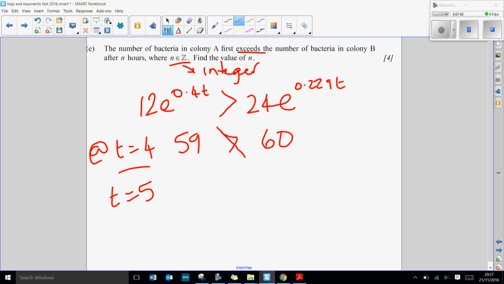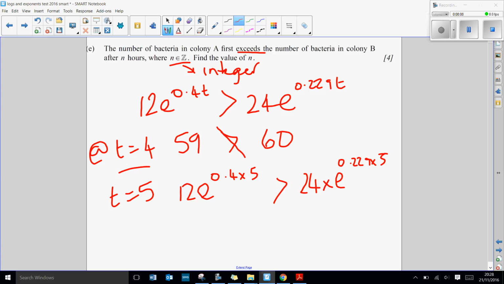So we've got 12e to the 0.4t. Oops, sorry. Putting in 5. 0.4 times 5. We need to see if that's greater than 24 times e to the 0.229 times 5. And I'm just referring to the answers here.